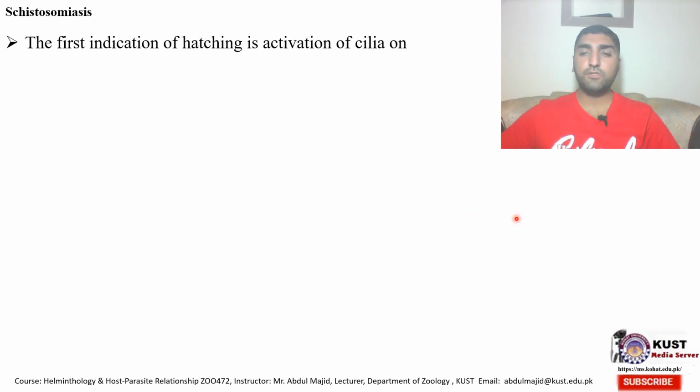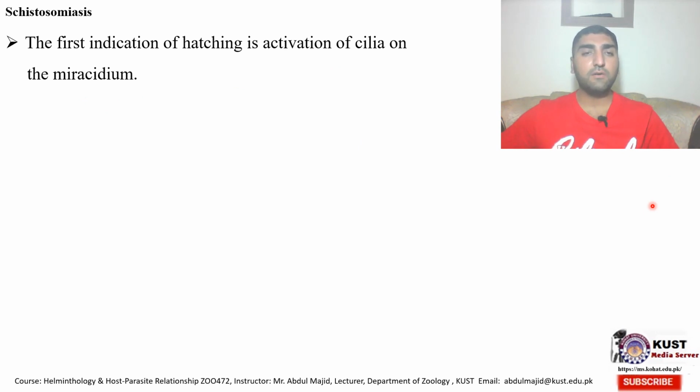So in continuation to the previous lecture, we were discussing the release of the egg and activation of the miracidium. The first indication of hatching is activation of cilia on the miracidium. So the egg is hatched if the activation of cilia occurs on the miracidium.